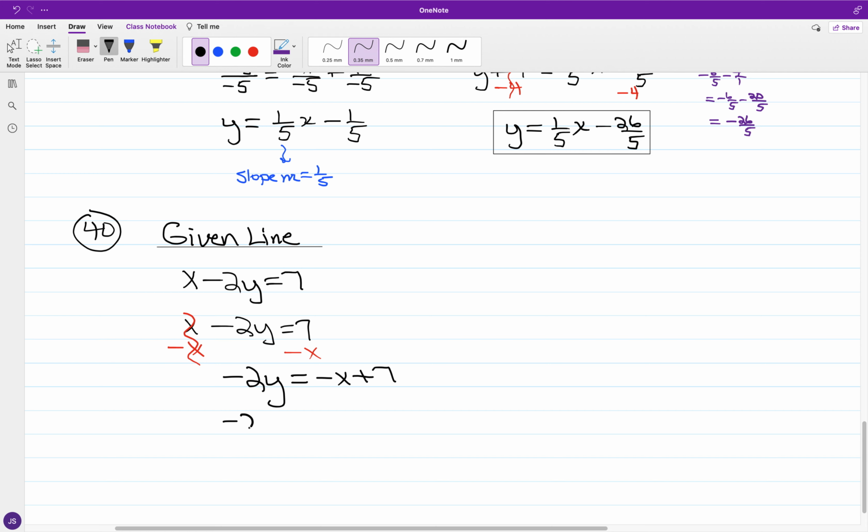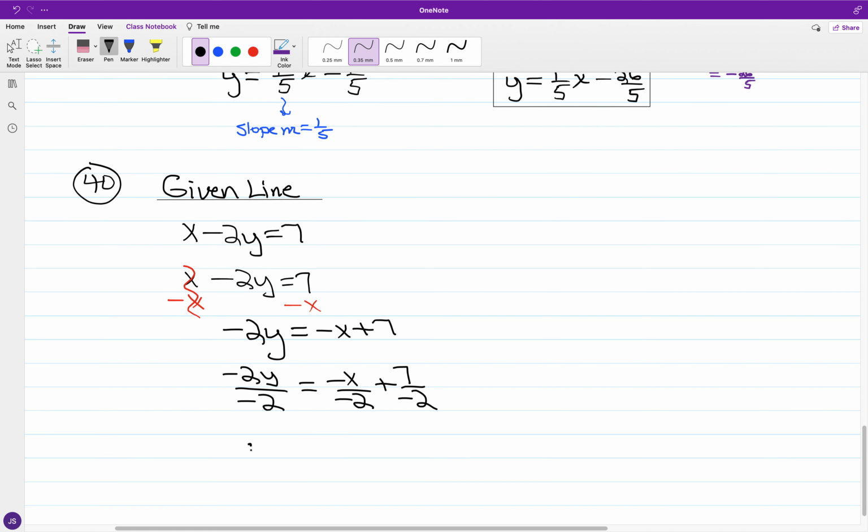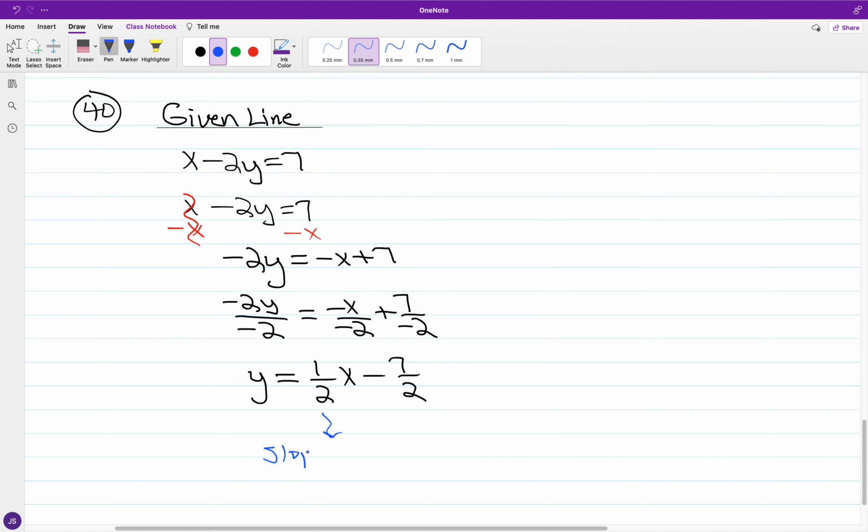And upon division by negative 2, okay, so we got y is equal to, and for negative x over negative 2, negative over a negative is a positive, so we got 1/2 of x, and 7 over negative 2, so this will be minus 7/2. And so in the slope-intercept form, it turns out that the slope is going to end up at 1/2.